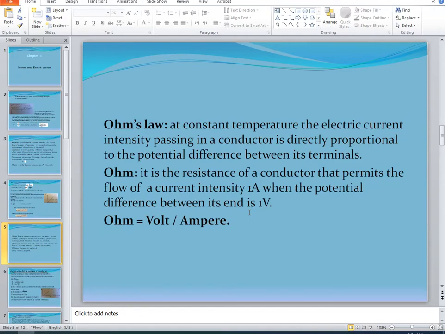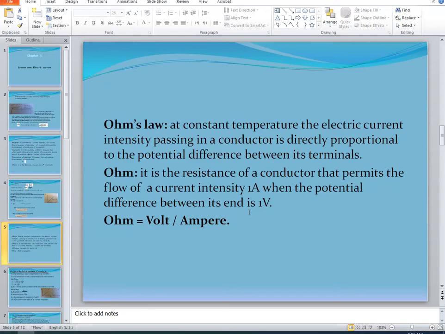This means the collisions between the atoms of the wire and the charges of the electric current will increase. By increasing the collisions, the ohmic resistance will change.